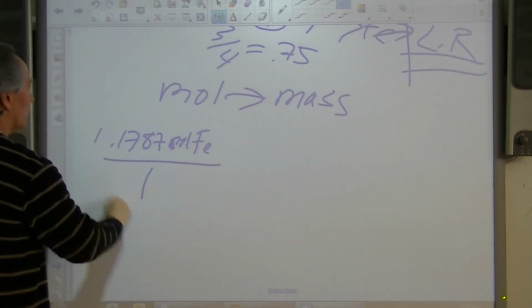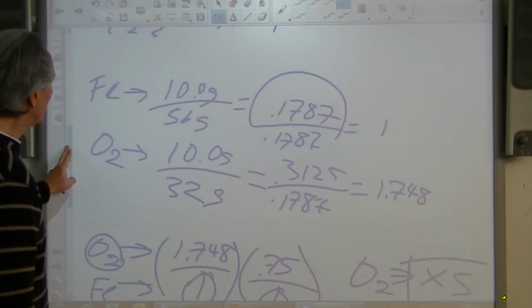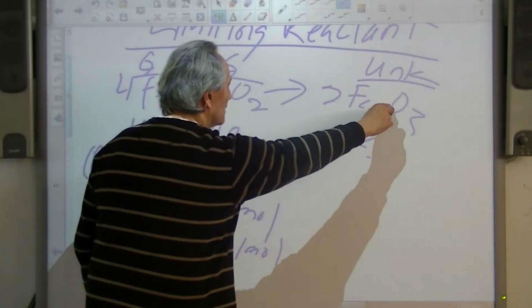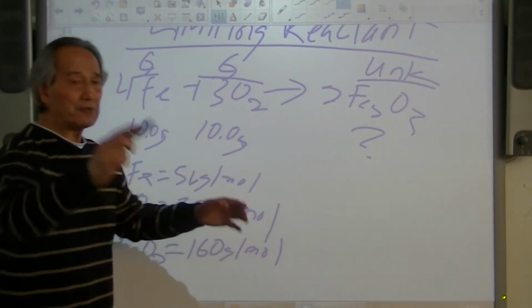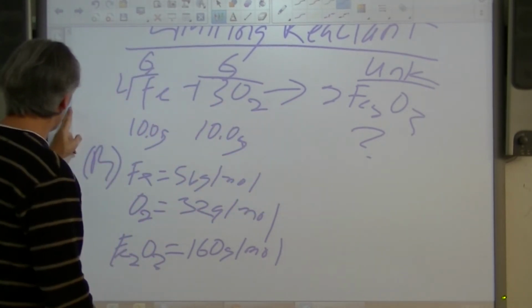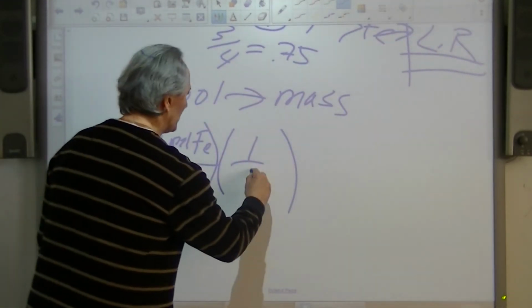The next is the relationship of Fe and iron 3 oxide. That mole ratio would be 2 to 4, or 1 to 2. So I'm going to put in 1 to 2.